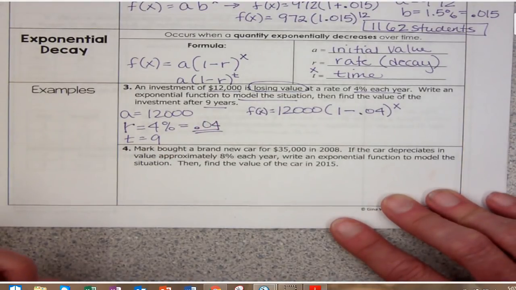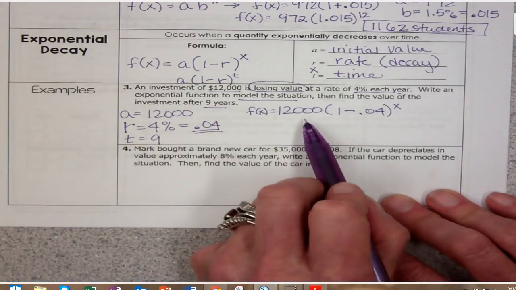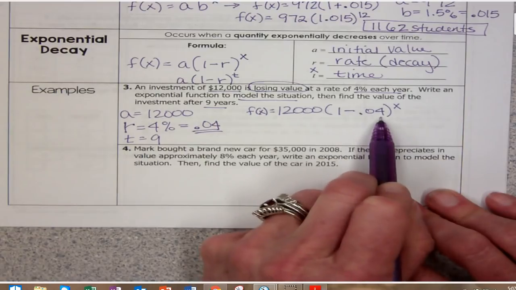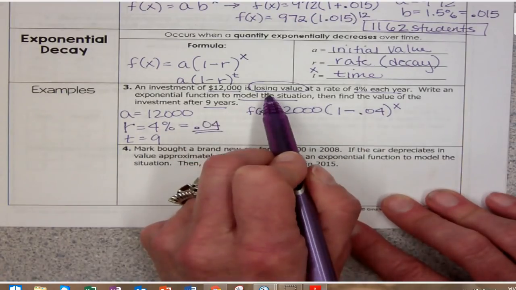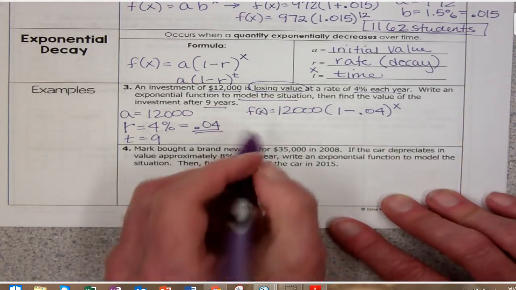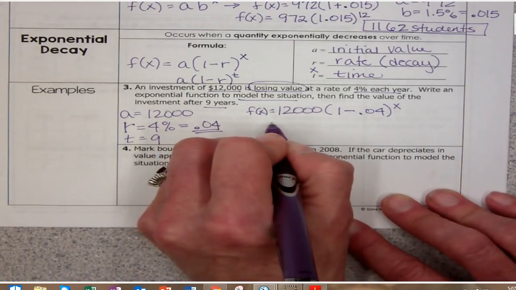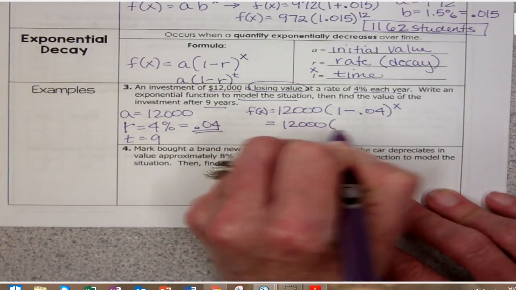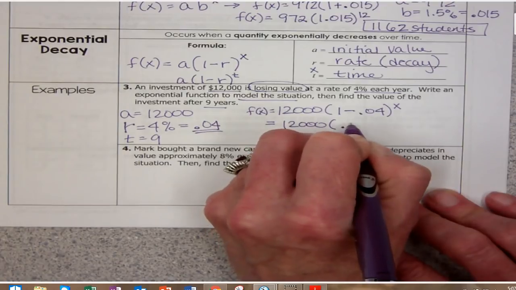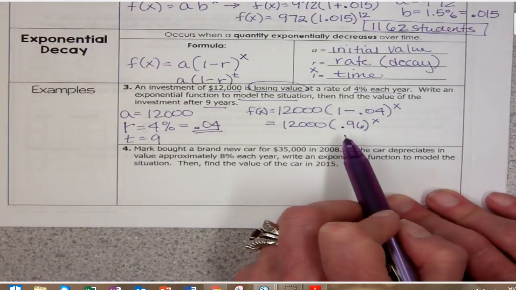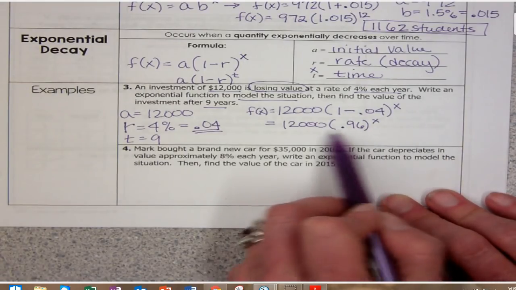All right. So you've got your A, your B with your rate, 1 minus your rate, to show that it's a decay, show that it's losing value, depreciating, raised to the amount of time over time. So this is going to be 12,000 times 0.96 to the x. This is your equation that you would use for your car, right? This is what you're getting for your car.